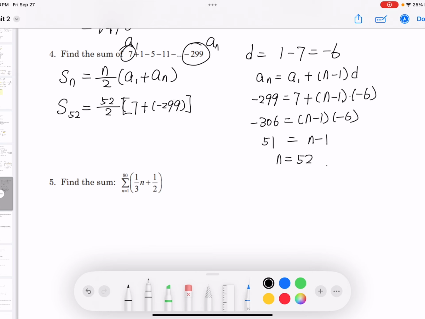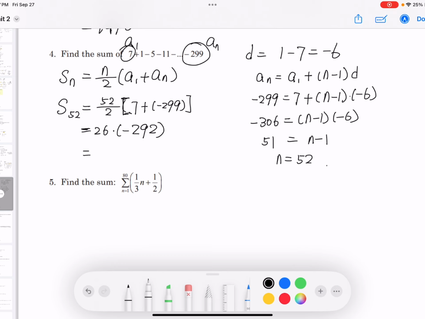So this is 26 times the addition between them, which is, oh sorry, not negative 306, my bad, it is negative 292. Then we can use our calculator to do the multiplication.